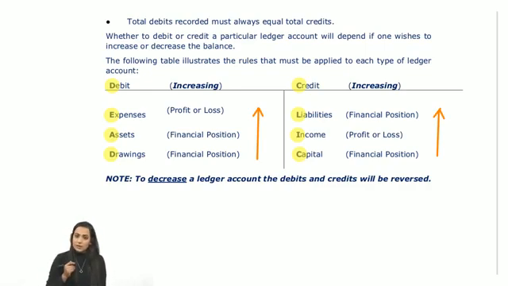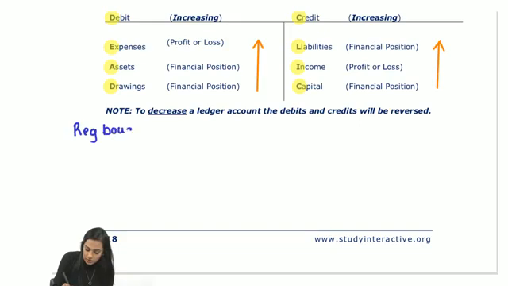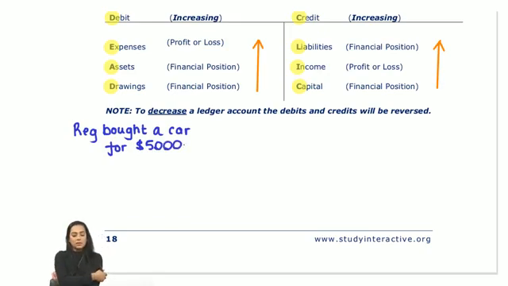Okay, so for example, Reg bought a car for $5,000.